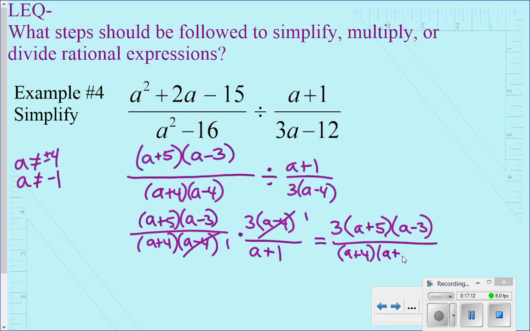Now, you have to be sure to put them in parentheses because we're showing that that's factored form. You don't want to leave the a plus 1 without the parentheses. Now it needs it because I'm multiplying. But I don't have to actually multiply it out. So that's my answer, comma, and then I'll include those domain restrictions. A cannot equal plus or minus 4, and -1.